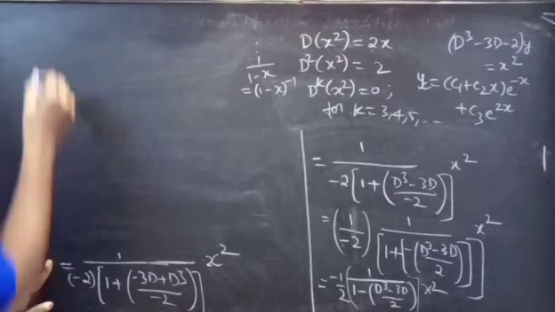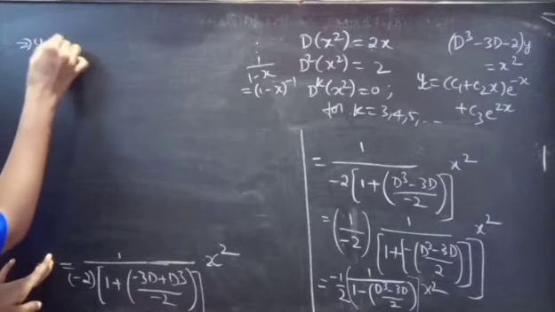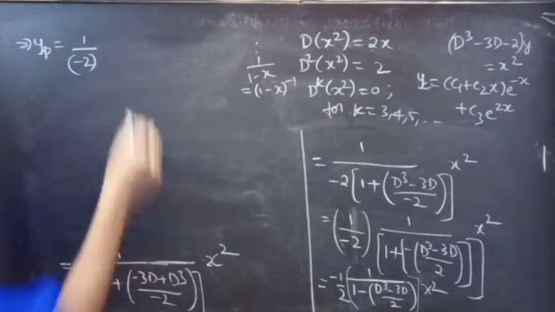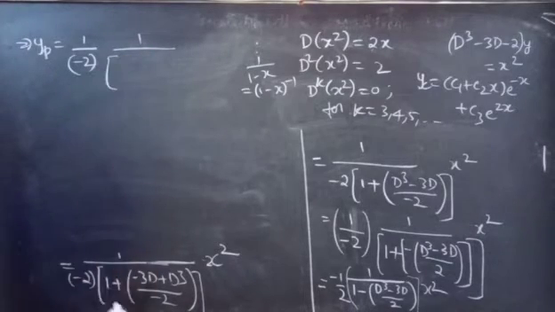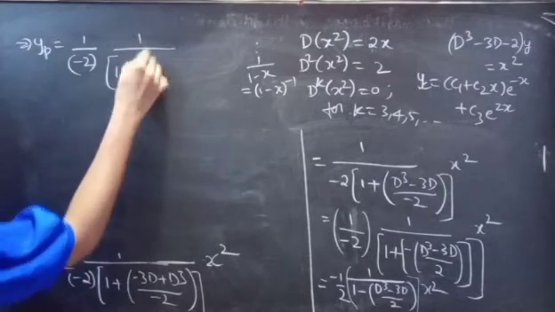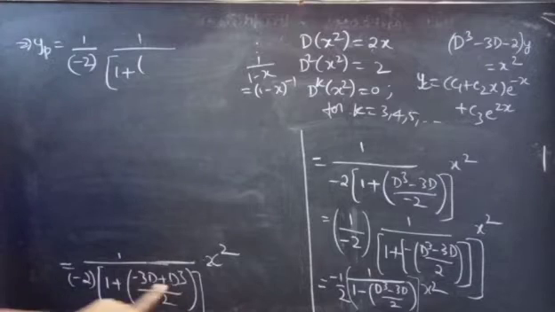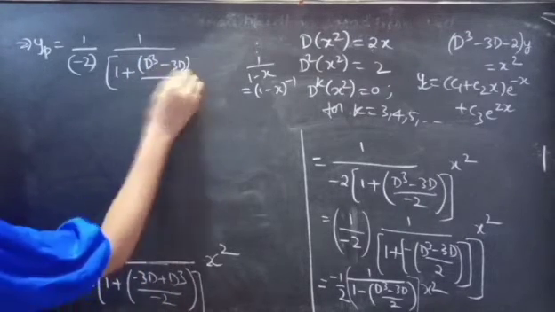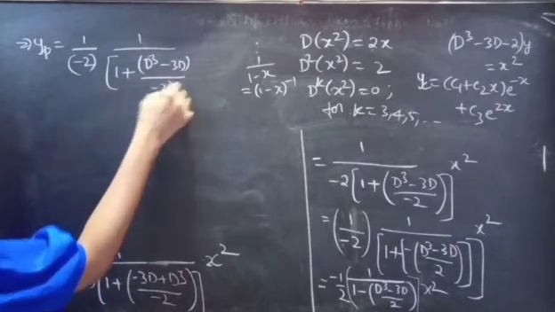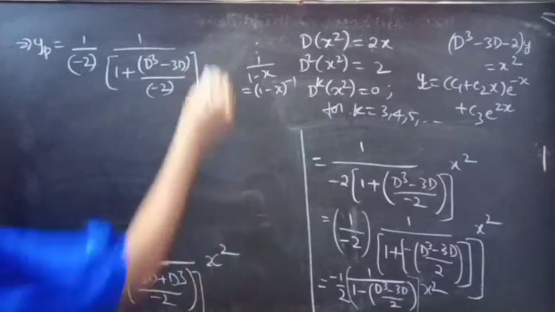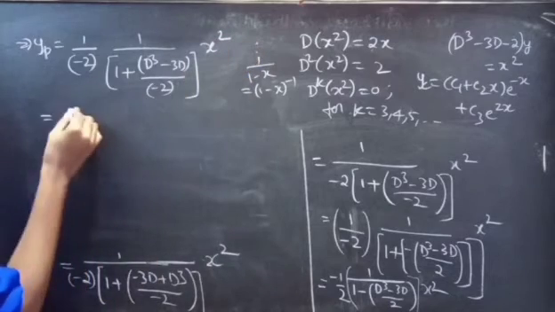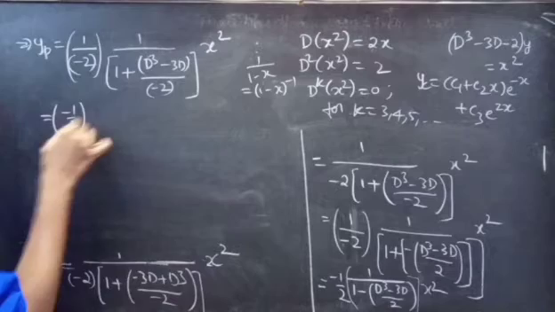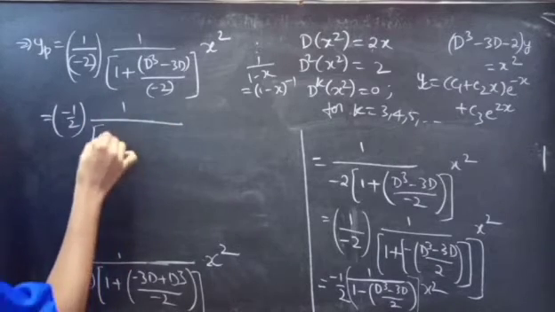Now we can split this as 1 by minus 2 into 1 by 1 plus, we can write the numerator as D cube minus 3D by minus 2, right? Into x square, which is equals to, now write 1 by minus 2 as minus 1 by 2 into 1 by 1.